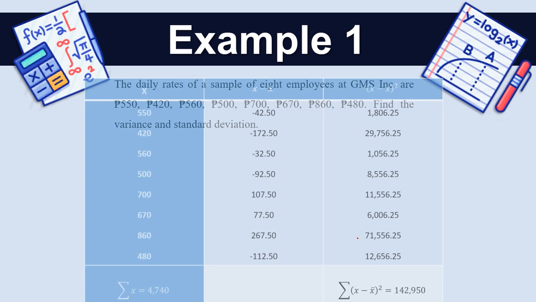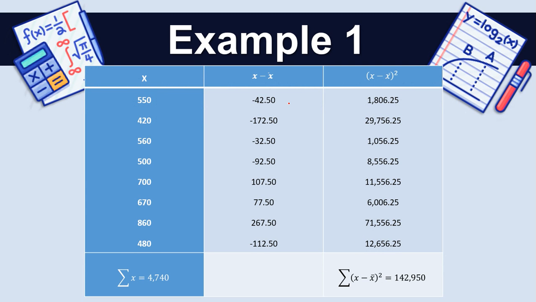Yung second column natin kanina, yung nakuha natin na mga differences, kukuhain naman po natin yung squared nila. So kung dito sa second column, may mga makikita pa kayong mga negative. Okay lang po yan, okay lang po magkaroon ng negative, kasi isusubtract pa lang po natin yung data sa mean.